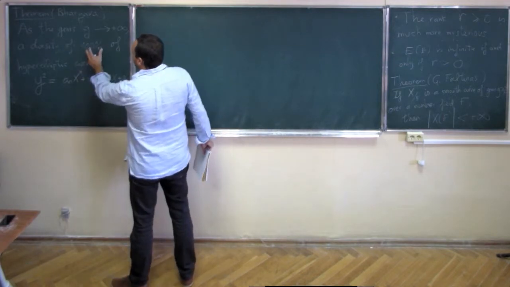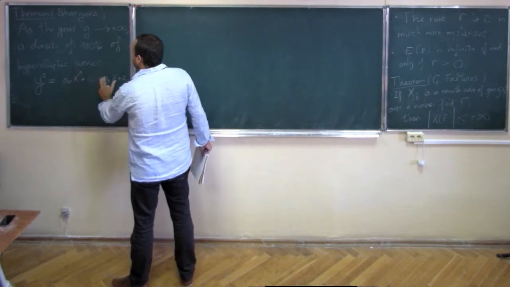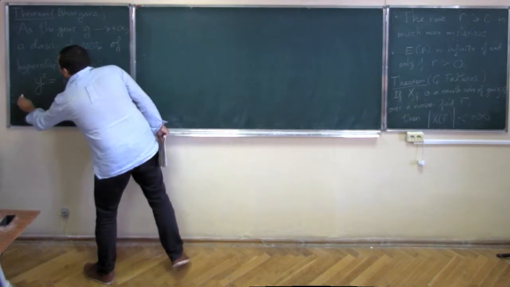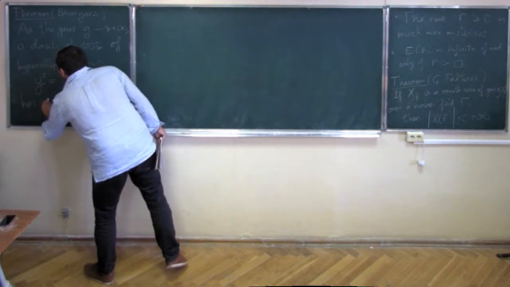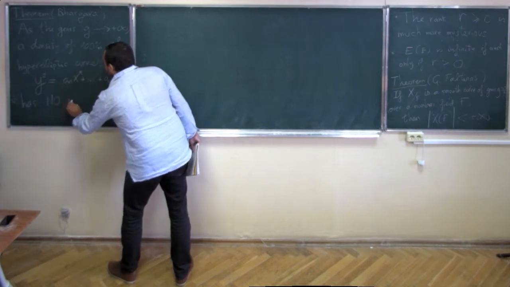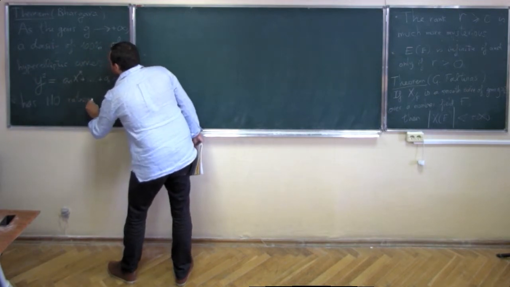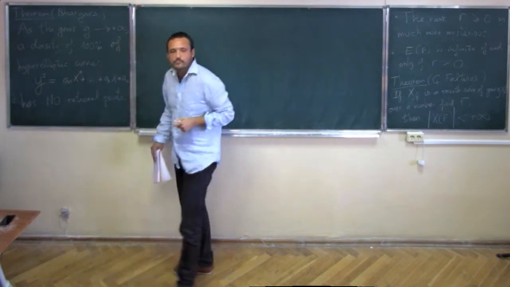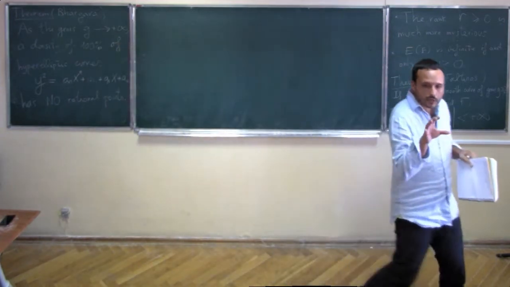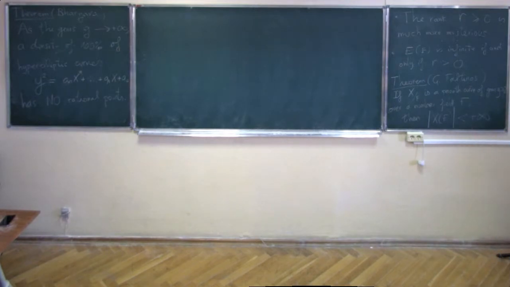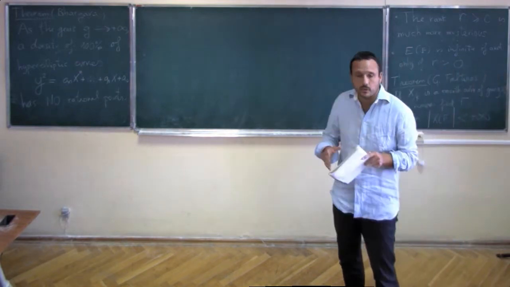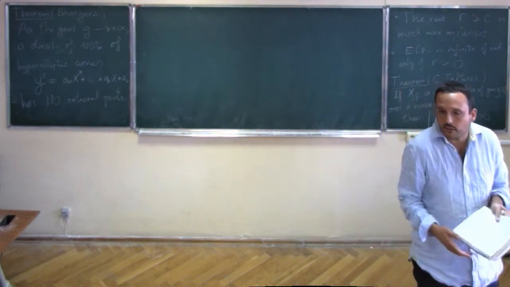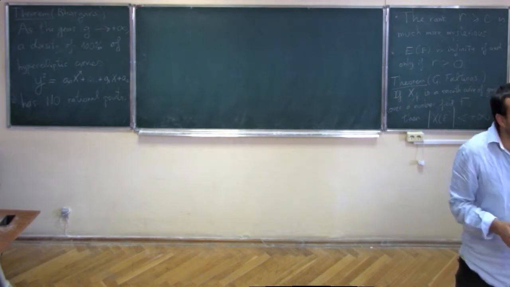A density of 100% of hyperelliptic curves of given genus has no rational points at all. If you look at the set of hyperelliptic curves of genus 2, Bhargava computed the density of those curves which have no rational points, and it's, I don't remember, say 73%.